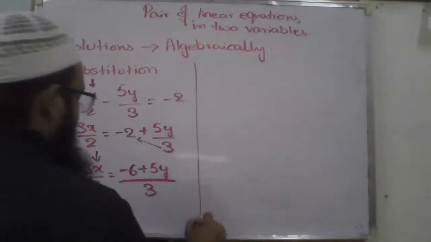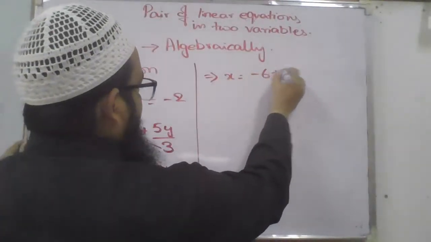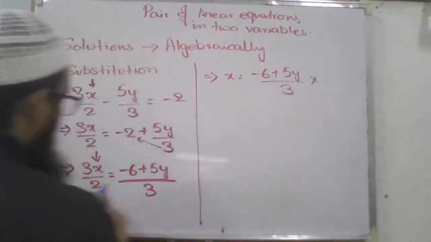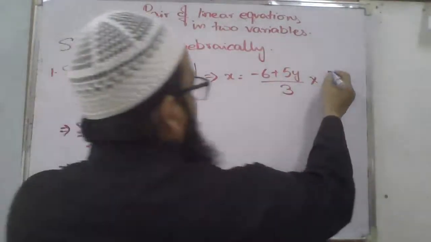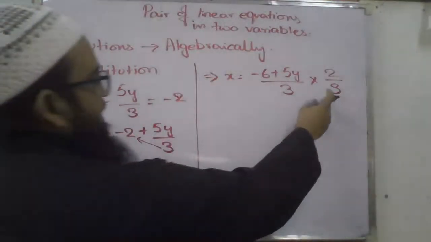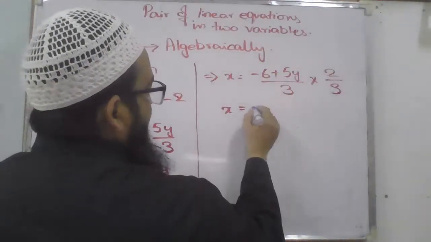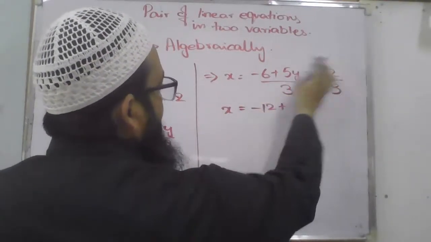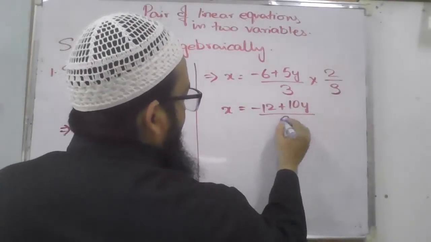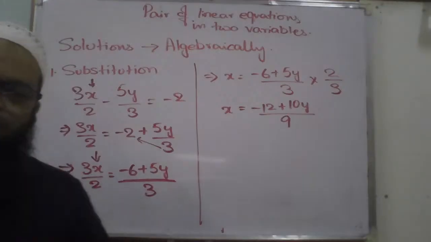So x is equal to minus 6 plus 5y divided by 3 into 2 by 3. Understood? So nothing gets cancelled. Multiply them. X is equal to 2 times minus 6 is minus 12 plus 2 times 5y is 10y divided by 3 3s are 9. So you got x is equal to minus 12 plus 10y by 9.